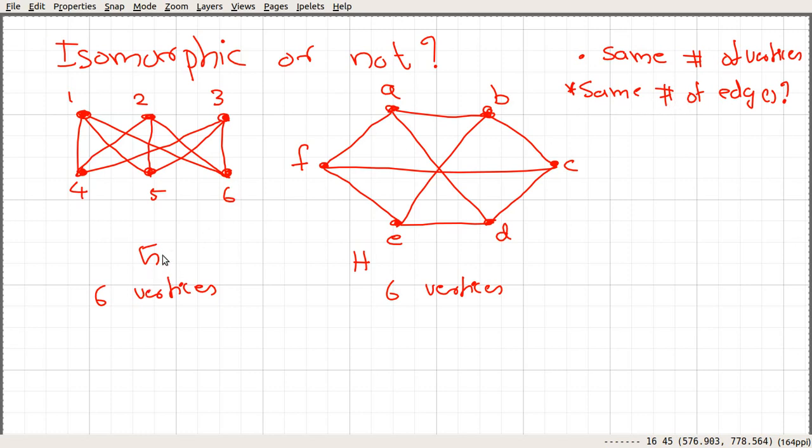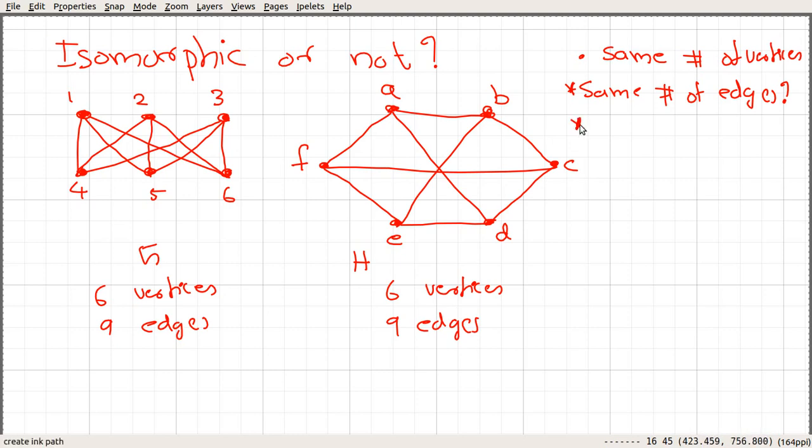So here again we can see that this graph has 9 edges and this graph also has 9 edges.